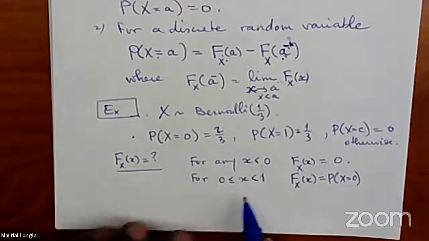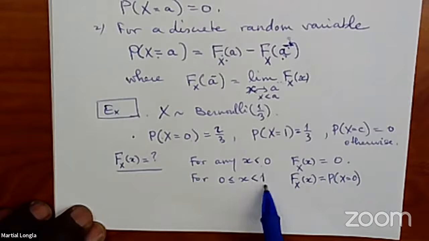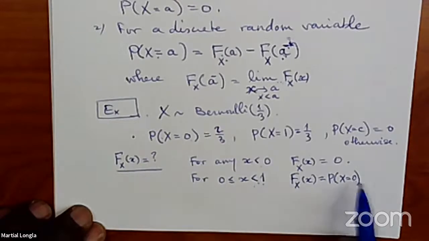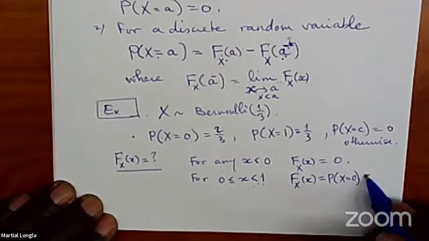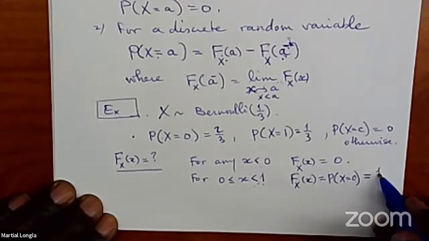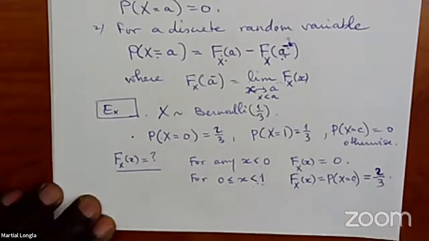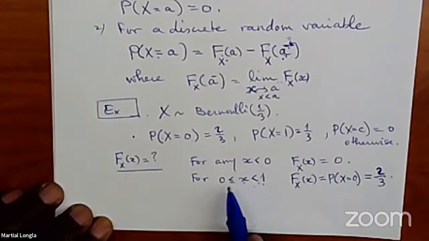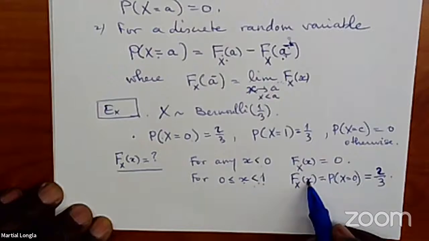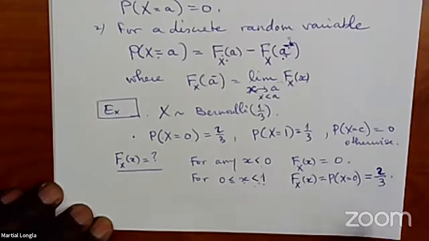That's the only value of the random variable that is here, right? Between 0 and 1, excluding 1, there's only one value. So the value of the function is going to be 2/3. For any x in this interval, the value of the function at x is 2/3.